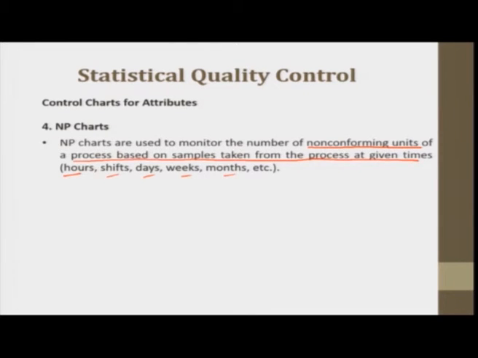Then the estimated average is used to produce control limits for the number of non-conforming units. During this initial phase, the process should be in control. If points are out of control during the initial estimation, the assignable cause should be determined and the sample should be removed from the estimation.